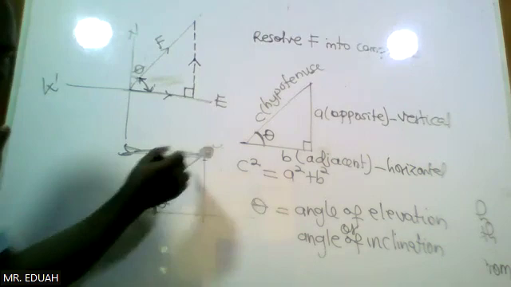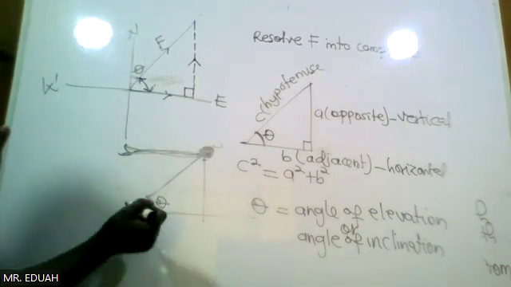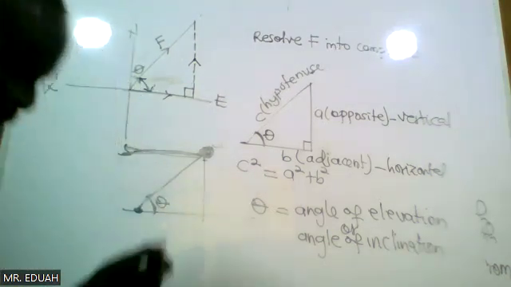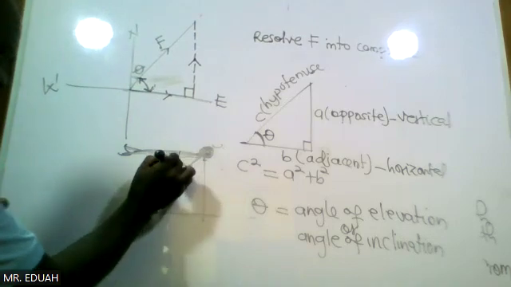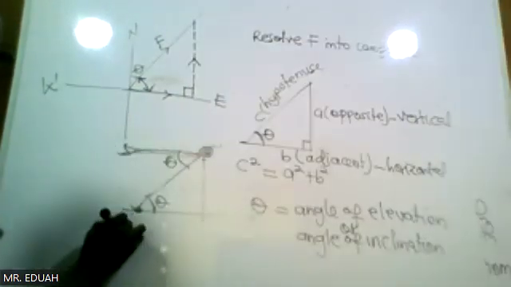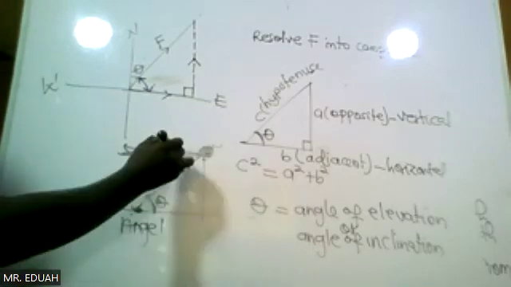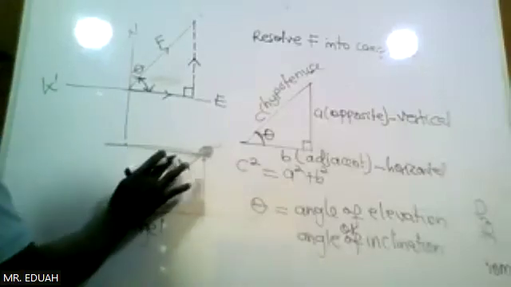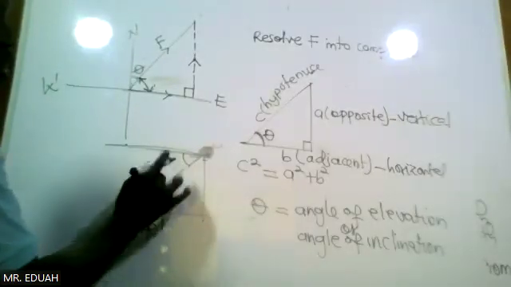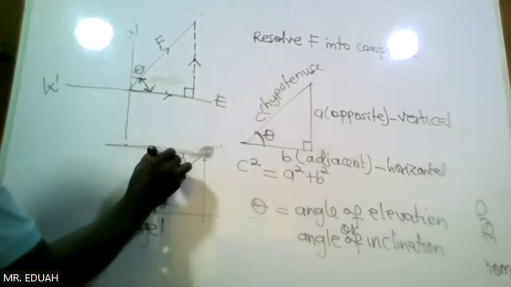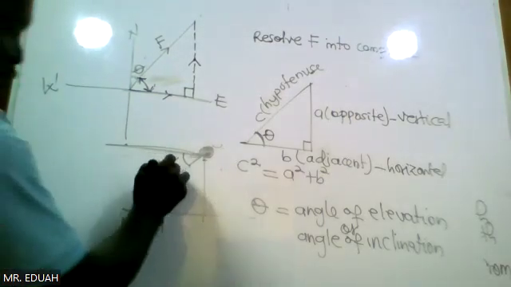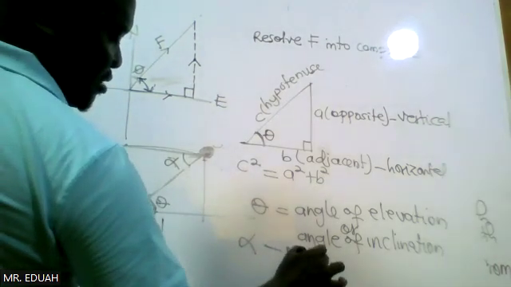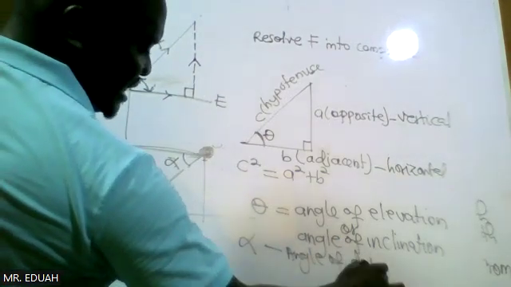The bird, to see Angel, would have to lower its eyes through this angle. This angle through which the eye level must be depressed or lowered to see an object down is known as angle of depression. So alpha is known as angle of depression.